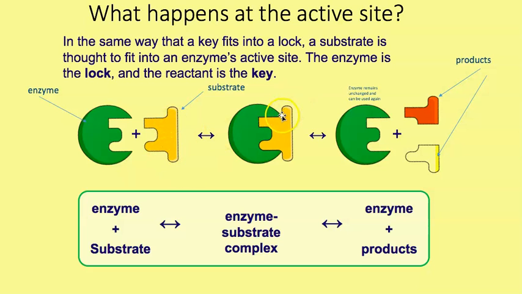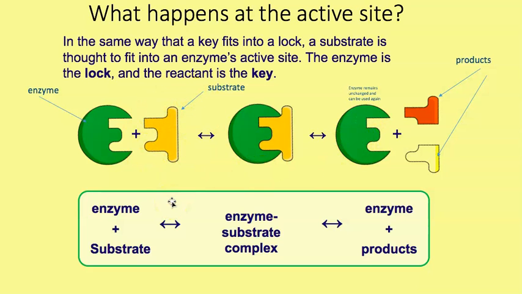When the correct substrate comes along, the enzyme and the substrate join together. The enzyme helps, in this case, to break the substrate up into products. Something that's really key, though, is look at this enzyme. It remains unchanged and it can be used again. So it'll go to another substrate and it'll break that one down. And when it's done that, it'll go to another one and to another.